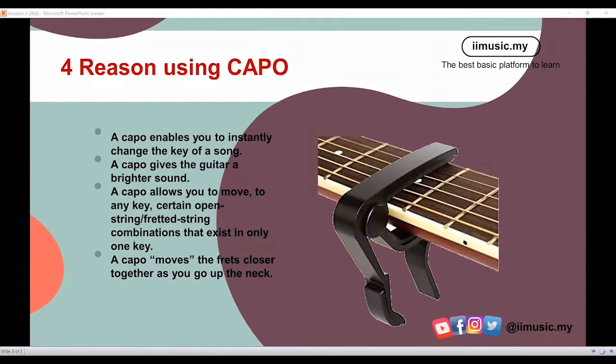When you play with a capo, the frets are getting smaller and smaller, your fingers don't need to stretch that much, and you can play guitar more easily. And that's another reason why we use capos.